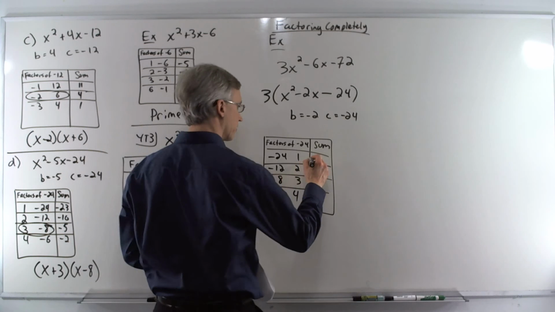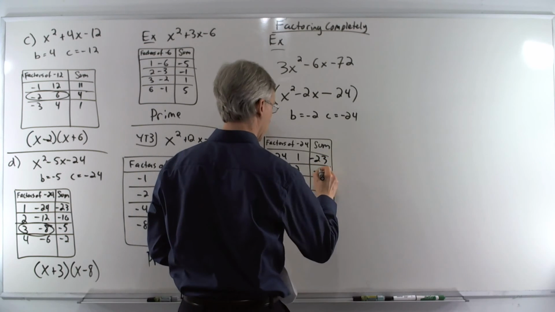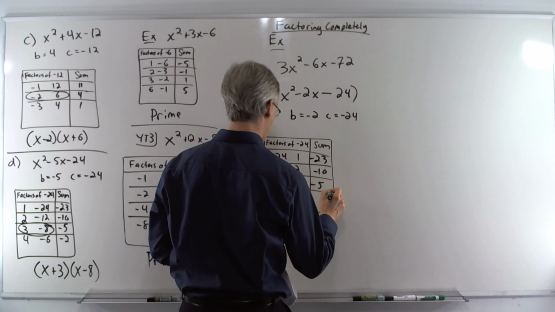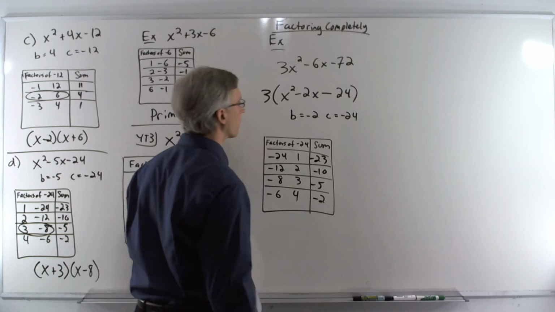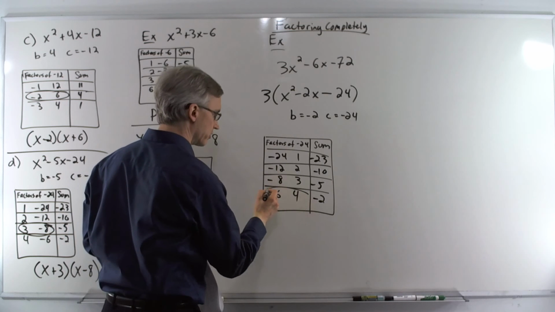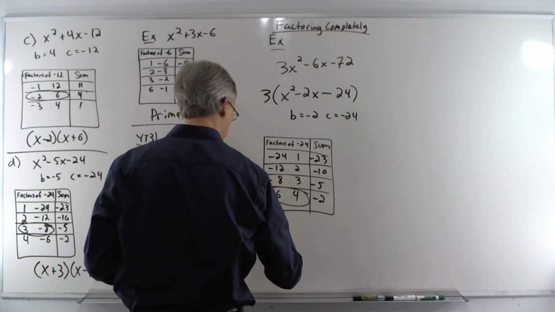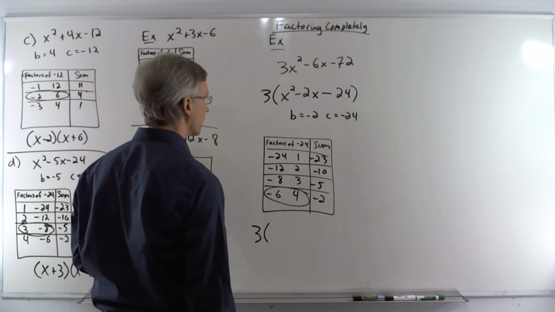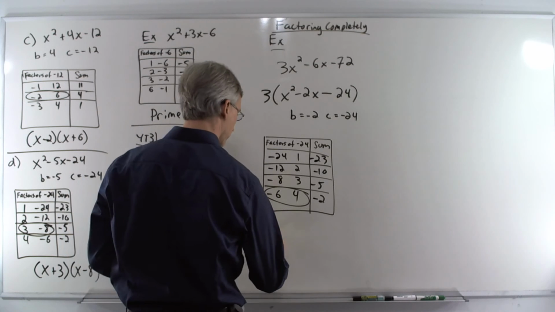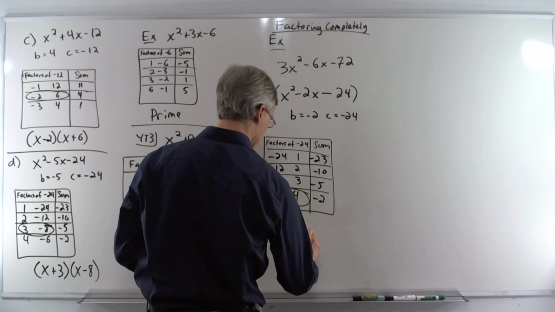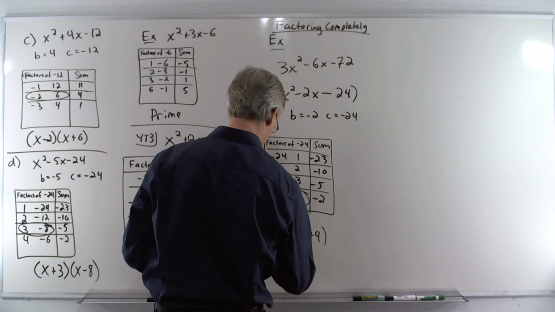Now we'll add them together. You get negative 23, negative 10, negative 5, and negative 2. We're looking to match negative 2, so there's our two numbers, negative 6 and 4. So our fully factored form, keeping the 3 there, 3 on the outside. Now we got two binomials, x minus 6, x plus 4.